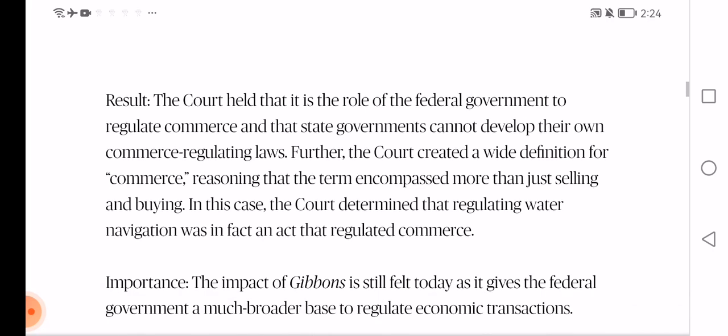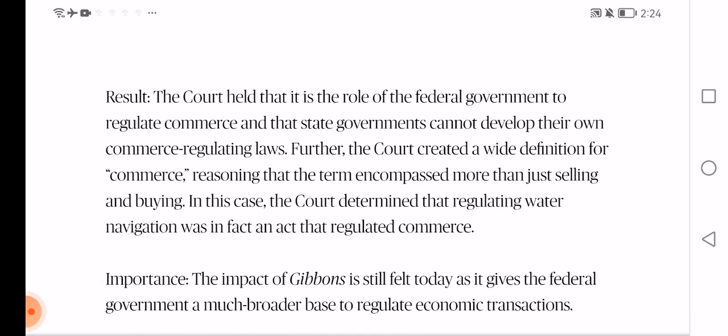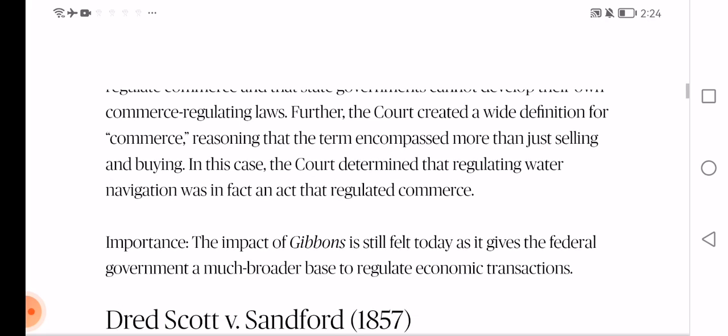Further, the court created a wide definition for commerce, recognizing that the term encompassed more than just selling and buying.